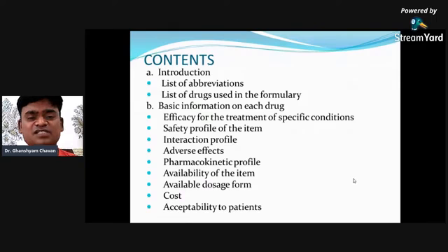Like that, various conditions, for example, pain. If you are having body pain or muscle pain, drugs are available to decrease the spasm of your muscle. Antispasmodic drugs are available, or painkillers are available like NSAIDs: paracetamol, ibuprofen, mefenamic acid, diclofenac, aceclofenac. These are the drugs which specifically act on your pain as NSAIDs. If you are having fever, you can take paracetamol, you can take aspirin.